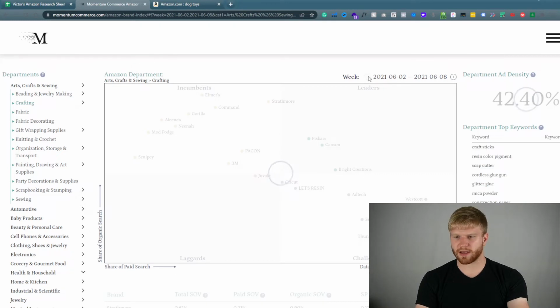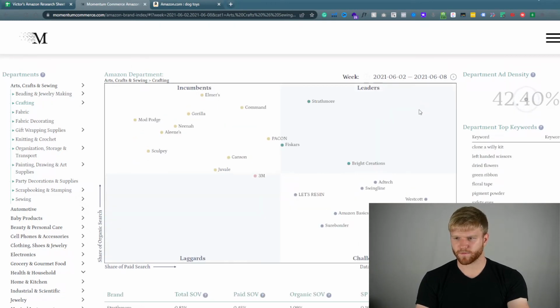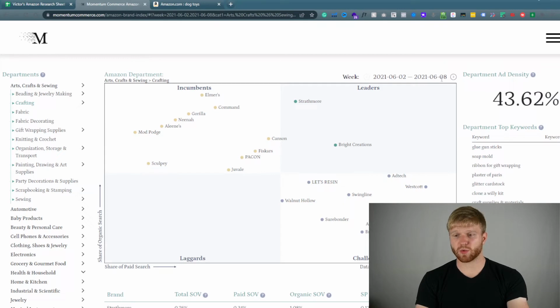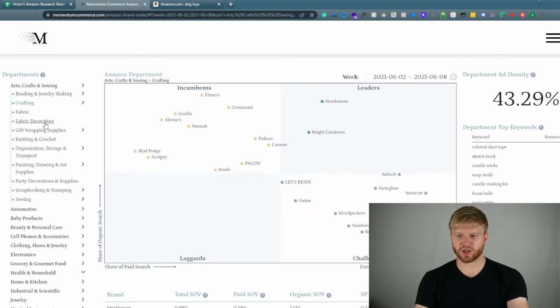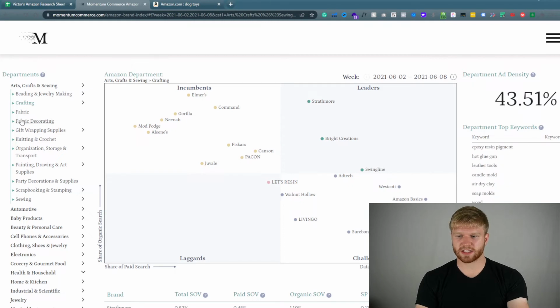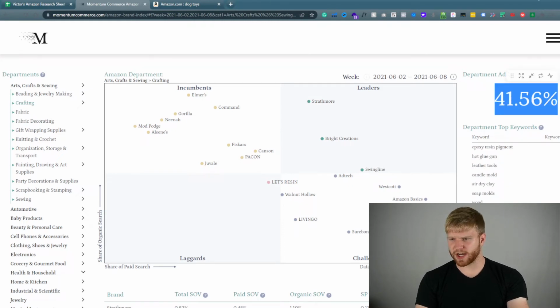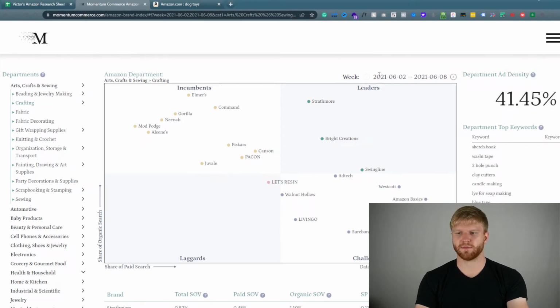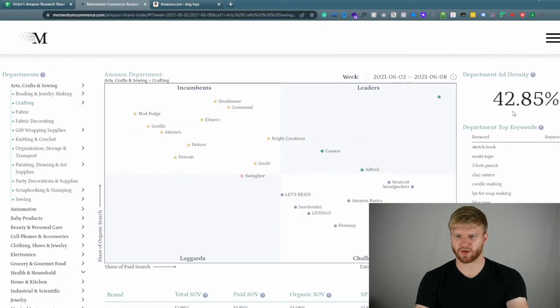But if we go to the same time last year, it's almost higher, which is very fascinating. So that shows you that the ad density in this particular space has actually gone down. I think it's changing because I clicked a little bit too fast, but for the most part, it looks like it is staying pretty consistent.